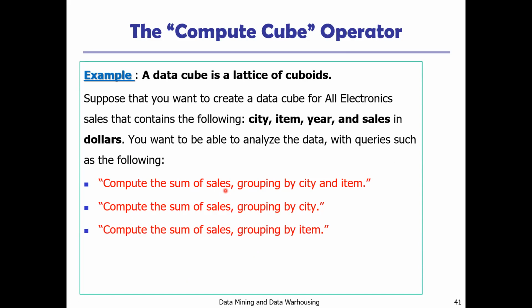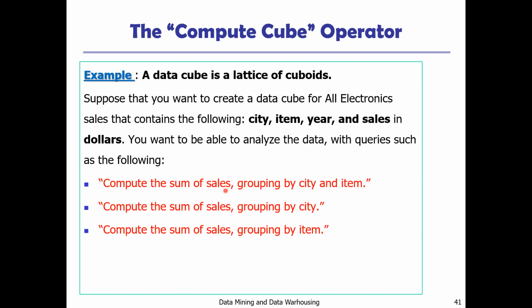So if we want to run some queries on this data, we have multiple options of groupings. We can calculate the sum of sales grouping by city and item. In this case, we will have all the cities: Vancouver, Toronto, New York, and Chicago.